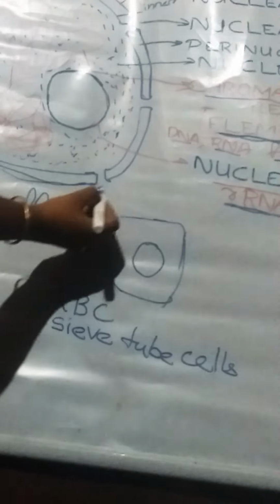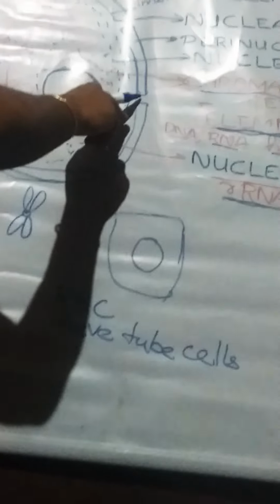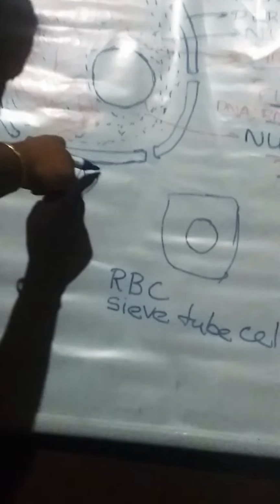Here one gap is there, here one gap is there, and these openings which are present in this nuclear membrane are called nuclear pores.